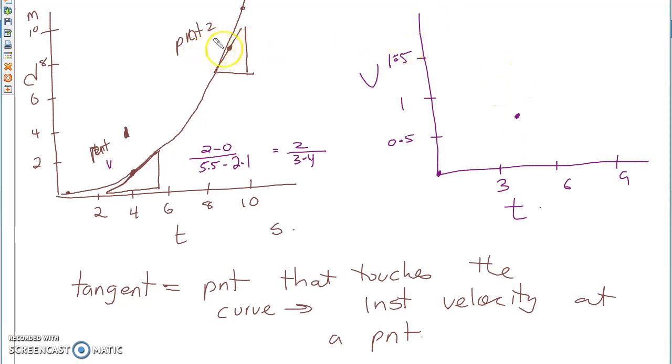The second point right here looks like 9, and that looks like a 7. So it's going to be 9 minus 7 divided by about 2 seconds. So that's 2 divided by 2, which is 1 meter per second for this point. So my second point about here is going to be about 1 meter per second.